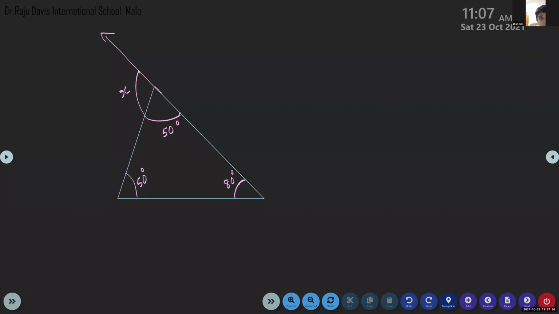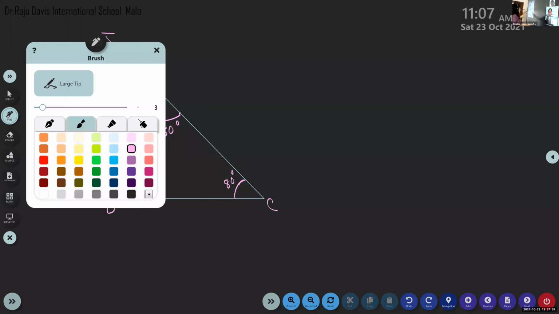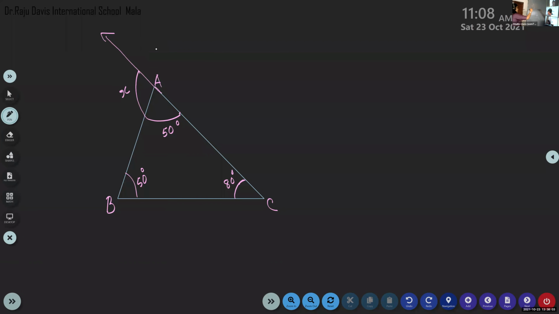50 degrees and 80 degrees. Which 50 degrees? This is angle A, angle B, and angle C. X is the exterior angle over there.